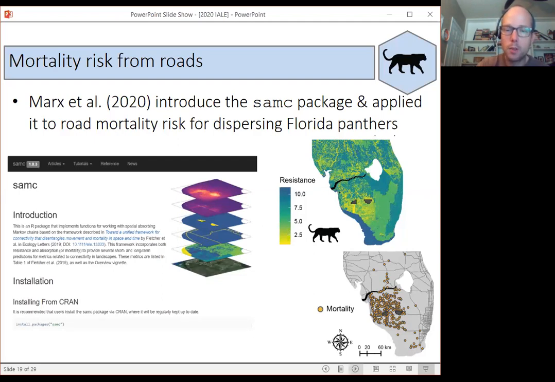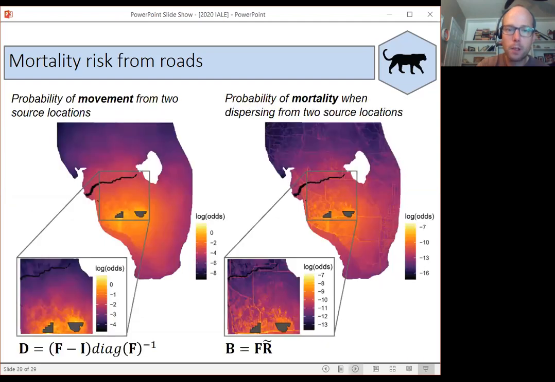And he coupled these 2 sets of information to map the probability of movement from 2 key source locations in South Florida and the likelihood that these dispersing panthers would suffer mortality across the landscape. Ultimately, these maps were highly correlated, but as you can see on the right, the probability of mortality really increased substantially near roads due to vehicle mortality.